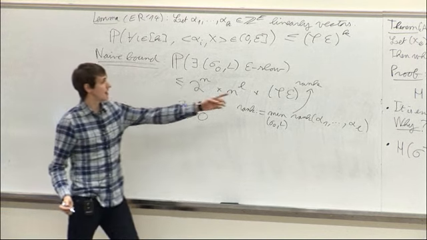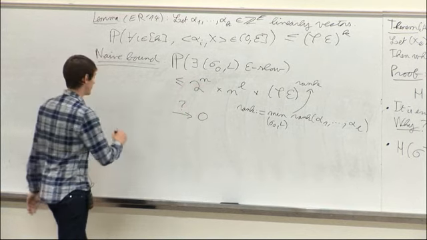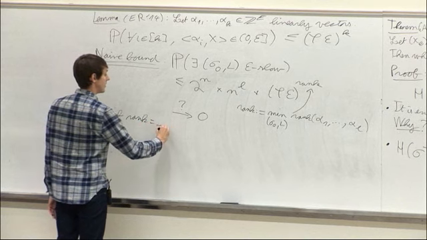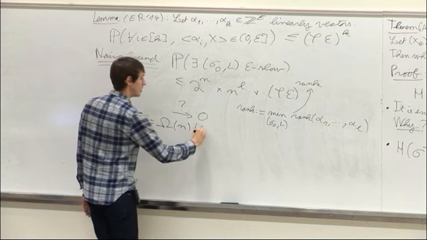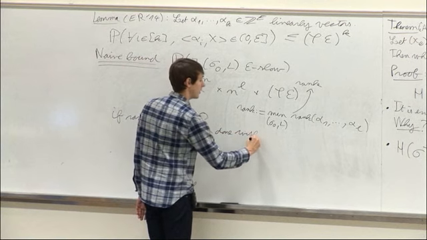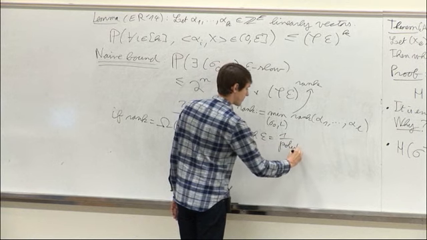So if the rank was always of order n, we would be done. So if the rank is, let's say, omega n, then done with epsilon equal poly n. Right?